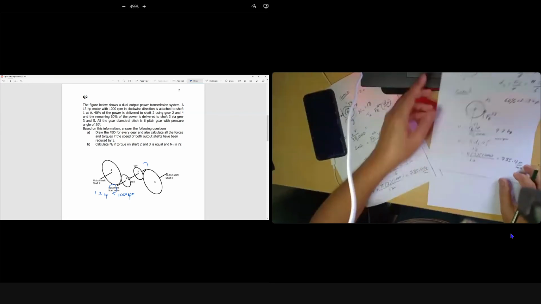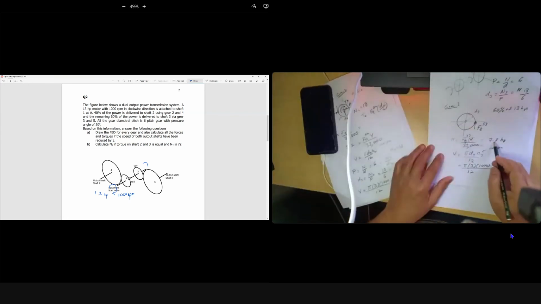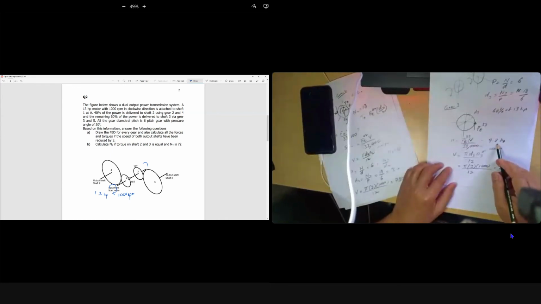The difference is that our power is 7.8. Just now the one to the left was 5.2 horsepower, and this is 7.8, 60% of your 13 horsepower.